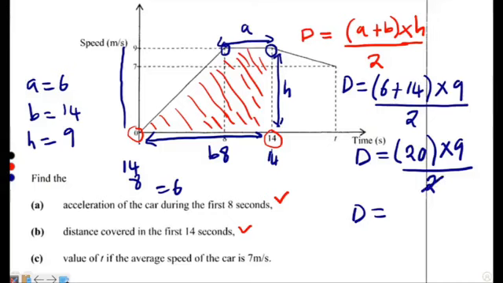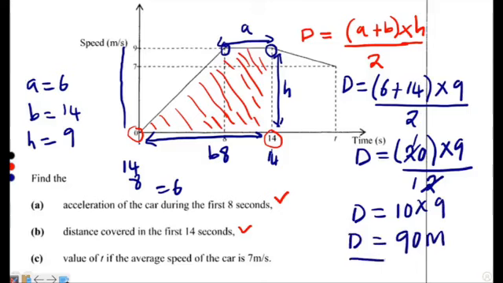Or 2 into 20 is 10, so 10 times 9 gives us a distance of 90 meters. This is our distance in the first 14 seconds.